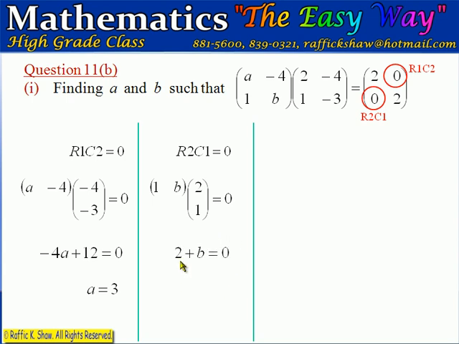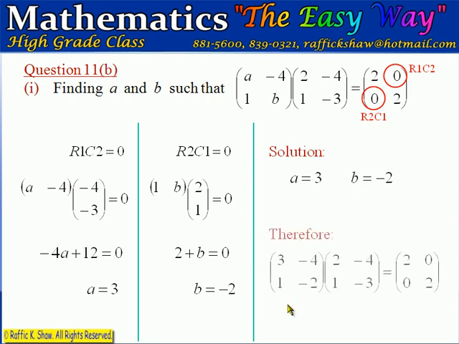So let's show that. 1 multiplied by 2 is 2. b multiplied by 1 is b. And the sum of those two is 0. So if 2 + b is 0, it means that b is equal to -2. And that's it. We have calculated the value of a and the value of b. And that's our solution. a is 3 and b is -2.